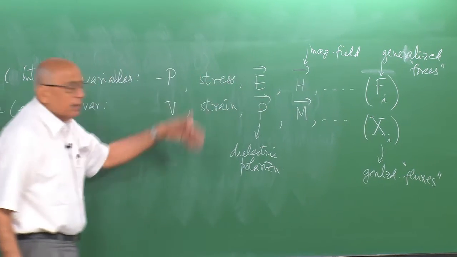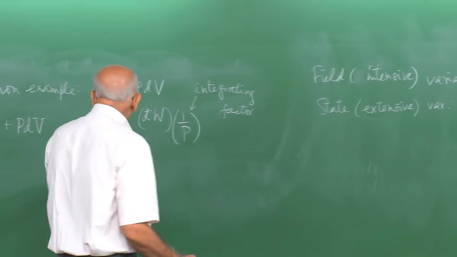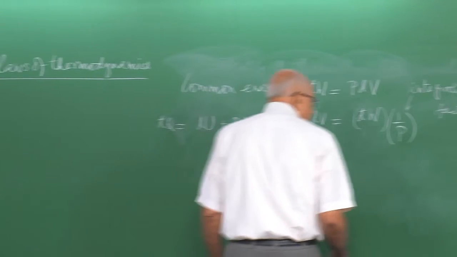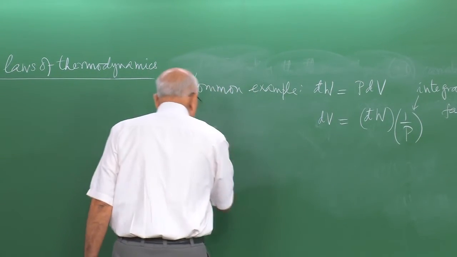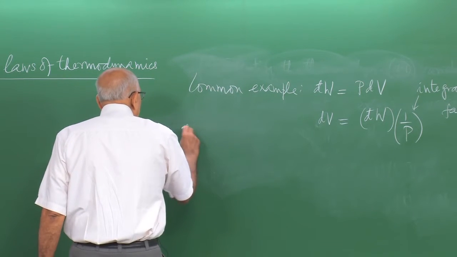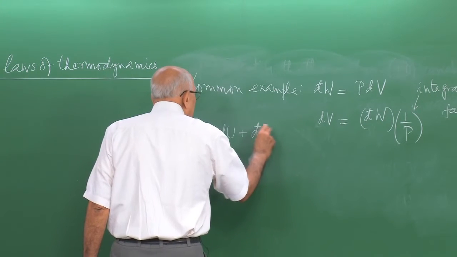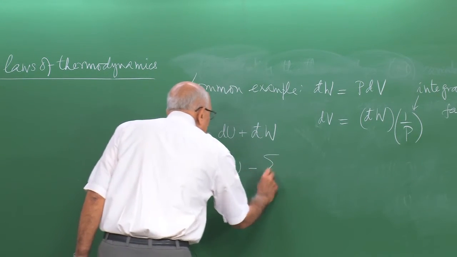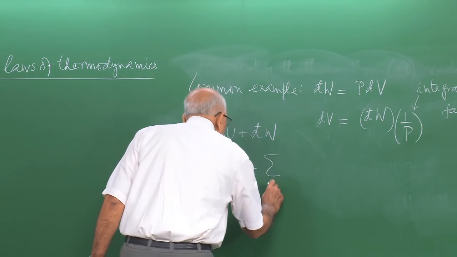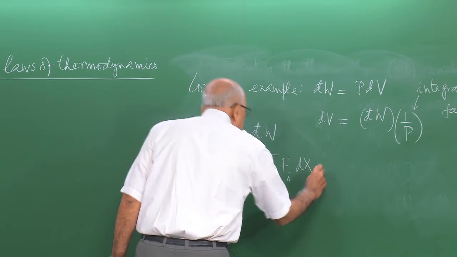So, you have forces and fluxes or stimuli and responses in general. Then the first law in its generality actually says dq equal to du plus dw, which is equal to du minus summation over i F_i dx_i.